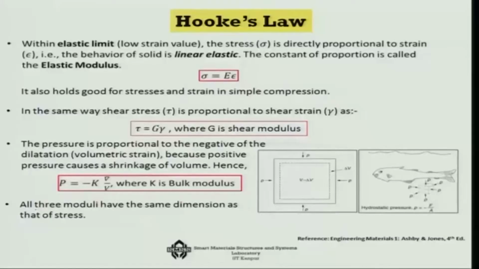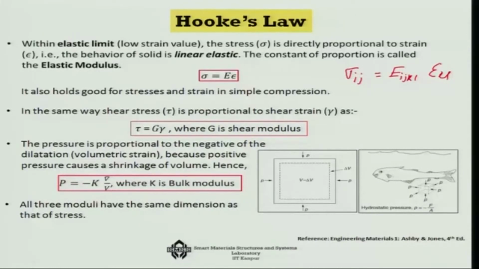Okay. So, in that case, if I consider the relationship to be a matrix relationship, that means sigma_ij equals E_ijkl epsilon_kl. Okay. So, that is the most generic Hooke's law.